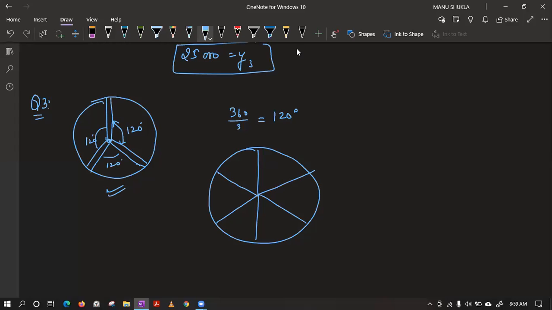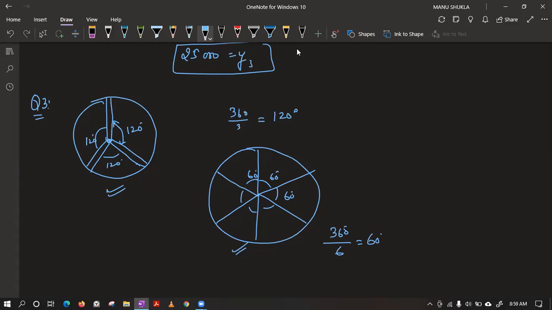In this case, there are 6 spokes, so there are 6 divisions of angles. We can easily find the value of each angle: that is 360-degree, the complete angle, upon 6, which is 60-degree. Yes, Joel, correct. So 60, 60, so all are correct. So this is also possible.